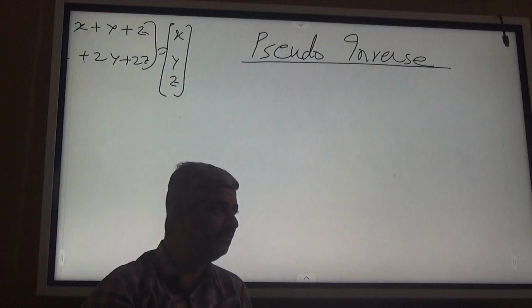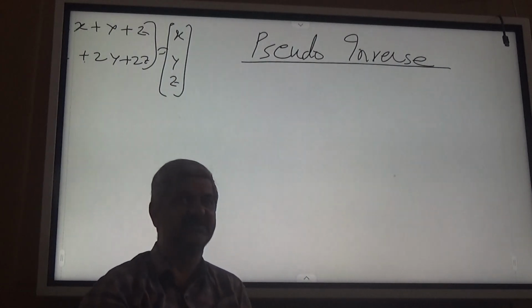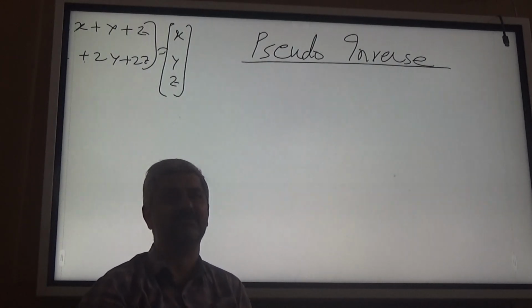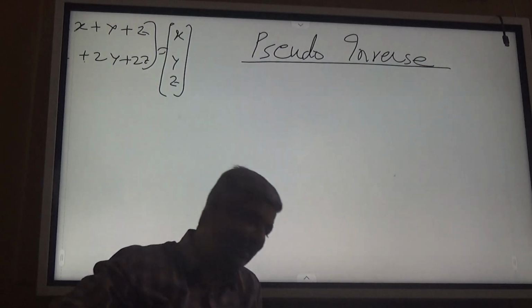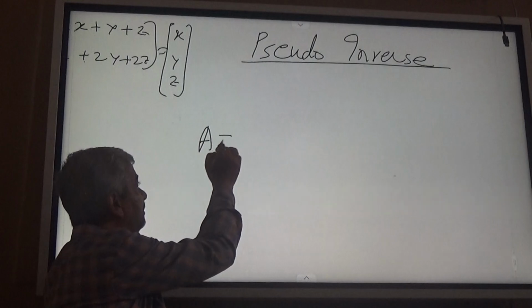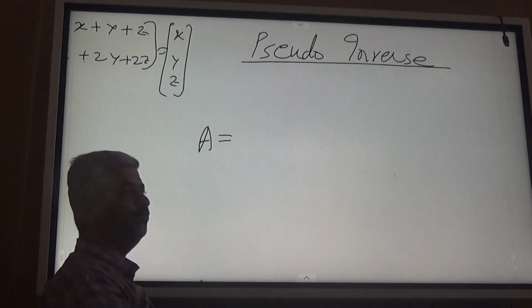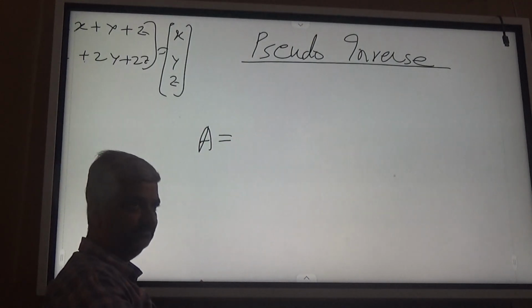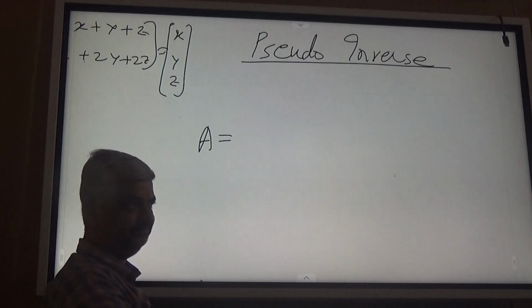So how can one think in that direction? If A is a non-square matrix, say A is a 3 by 2, that is 3 rows and 2 columns.